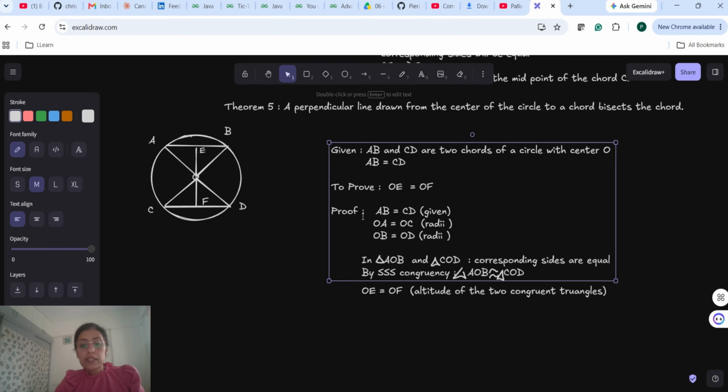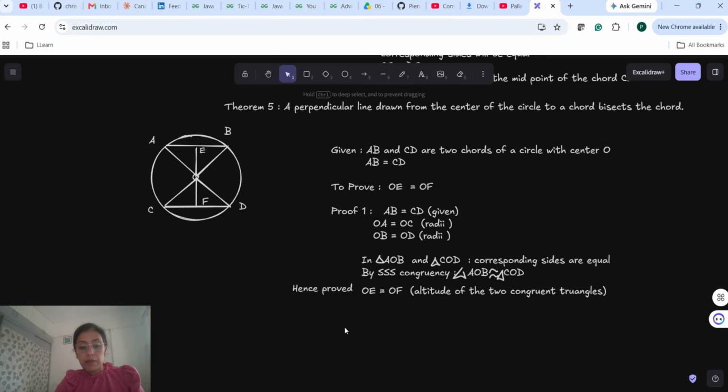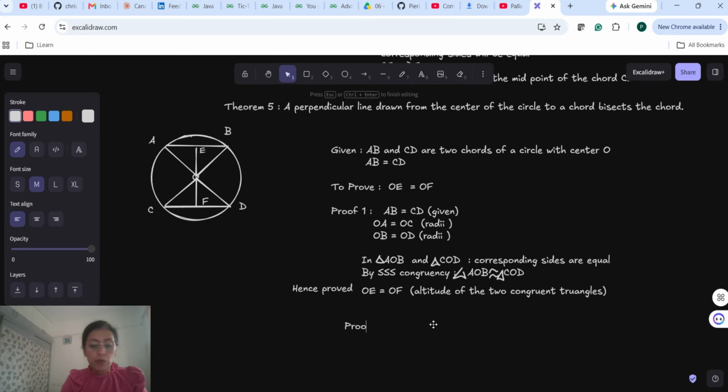So now this is the proof. There is another way of proving. This is proof 1. Hence proved. Let me try the second proof. For the second proof, what we will do is we will just consider these two small triangles.